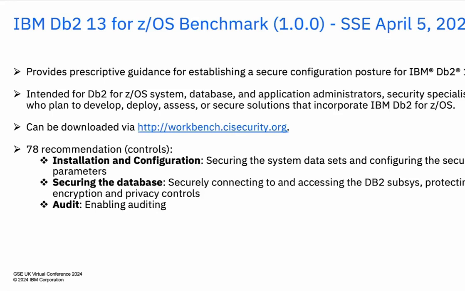Again, very similar to RACF, but for DB2. It can be downloaded the same way as the CIS benchmark for RACF, and they have 78 recommendations, 78 controls. It is mostly about secure installation and configuration, access control, and audit. So these are the three main areas in which the recommendations are focused.